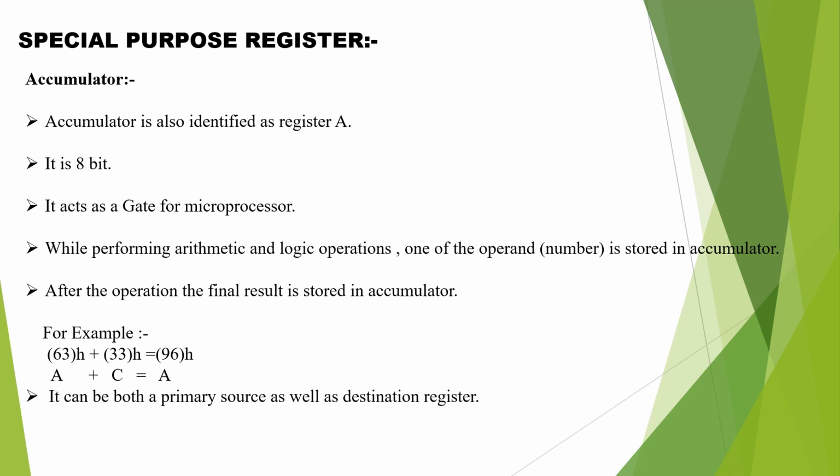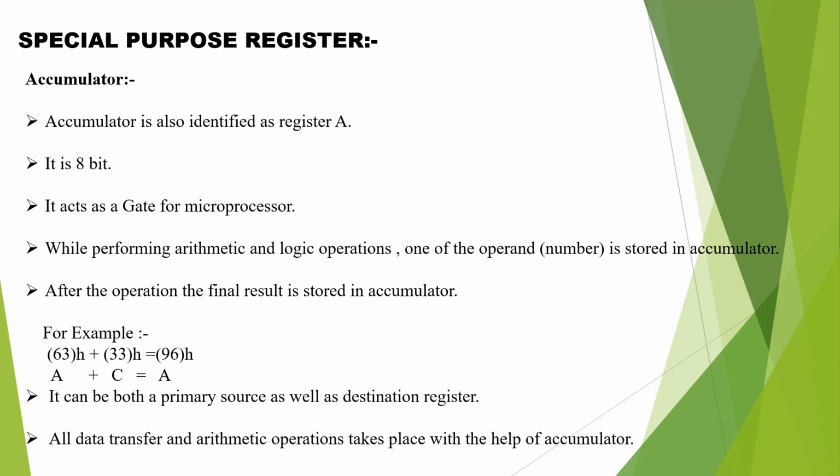If I want to transfer data from the accumulator to any register, then A will be your source register. So it can be both a source and a destination register for any operation. All data transfer operations and arithmetic and logical operations take place inside the ALU with the help of the accumulator.